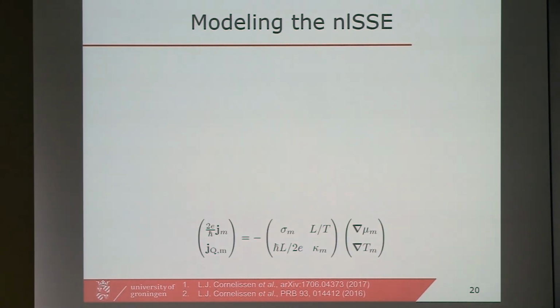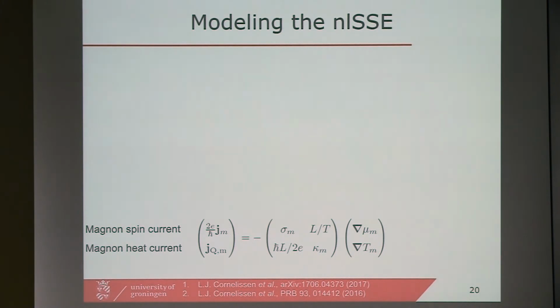So basically the core of our model is this linear response relation for the magnon spin current that's given here, and the magnon heat current, which is given here. And you can see that these two are driven by gradients in the magnon chemical potential and the magnon temperature.